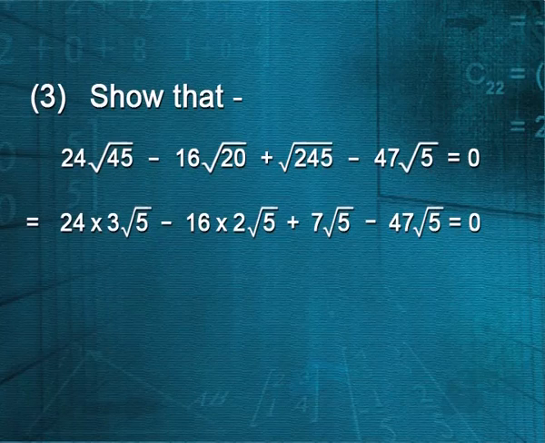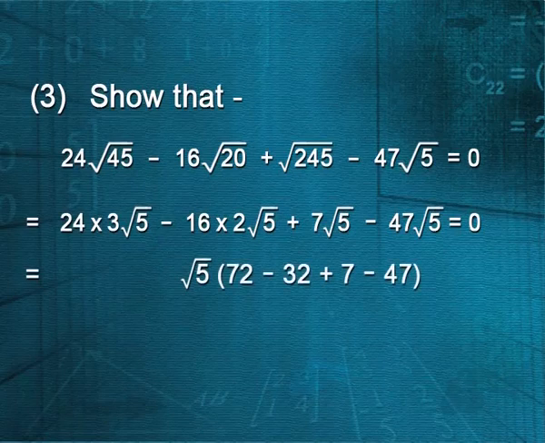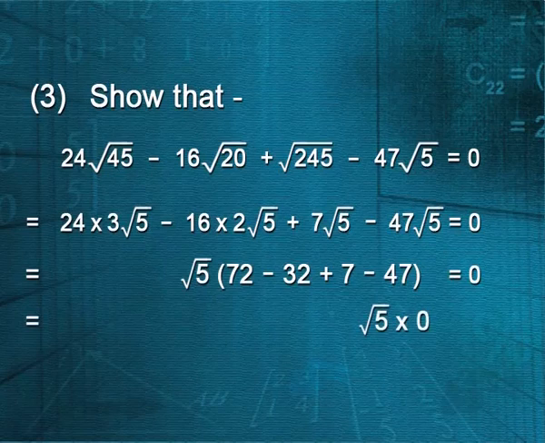Now, we will take root 5 common, and inside the bracket we will get 72 minus 32 plus 7 minus 47, which will give you root 5 into 0, and any number multiplied by 0 is always 0. Therefore, the product of root 5 and 0 is 0, which is equal to the right hand side.